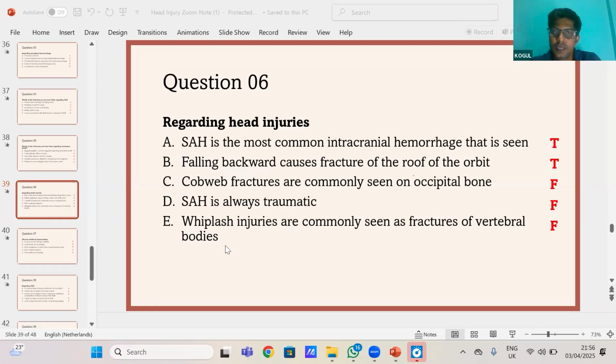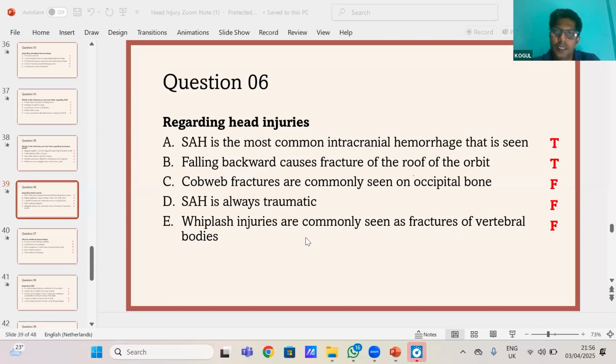Most of the time these injuries affect the soft tissues rather than the vertebral bone. You can get a fracture of the vertebral bodies, but commonly it is seen in the soft tissue. So the statement that whiplash injuries are commonly seen as fracture of vertebral bodies is false.